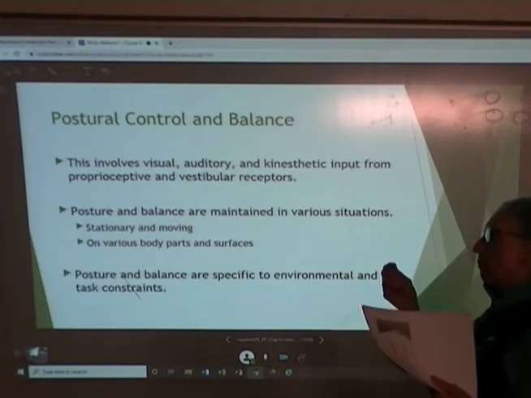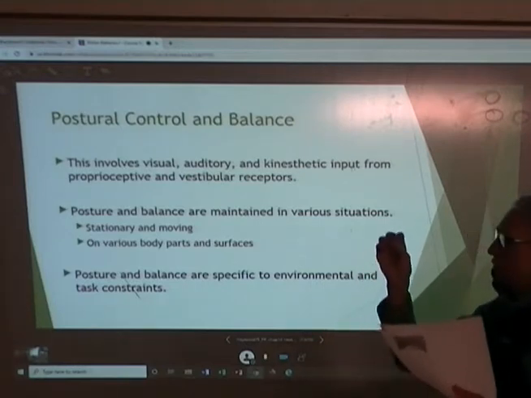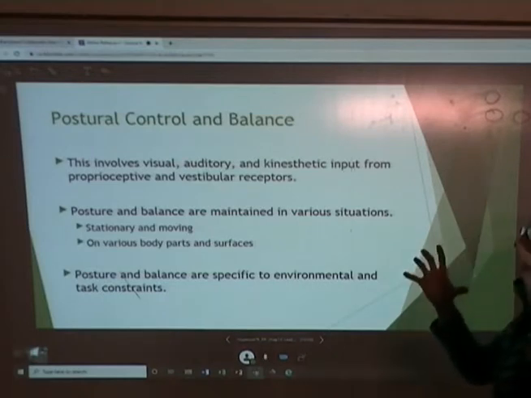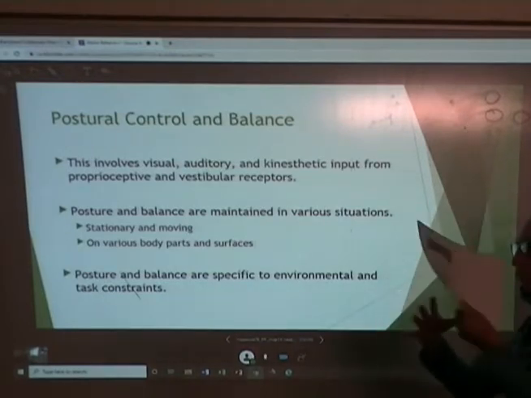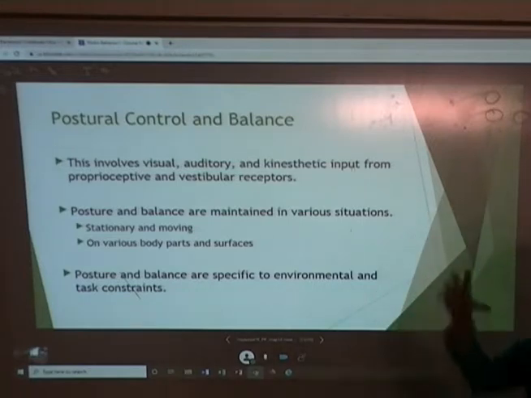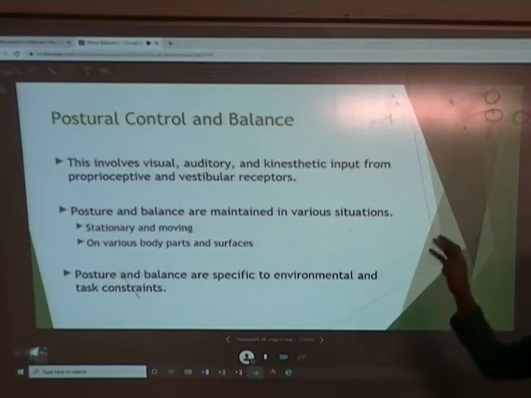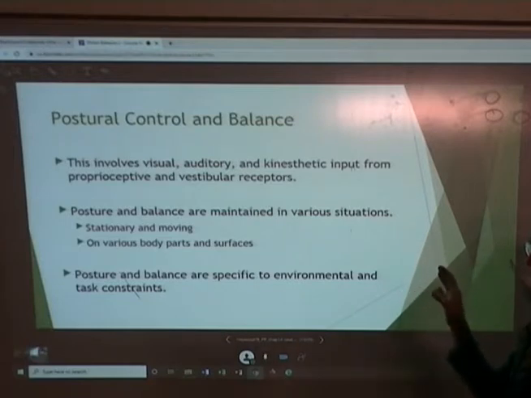And what we see is when we measure those, it's very specific to the environment and the task constraints. It means that our triangle that we've been using all semester with our individual, our environmental, and our task constraints is a really good tool to understand posture and balance in different situations here, okay?